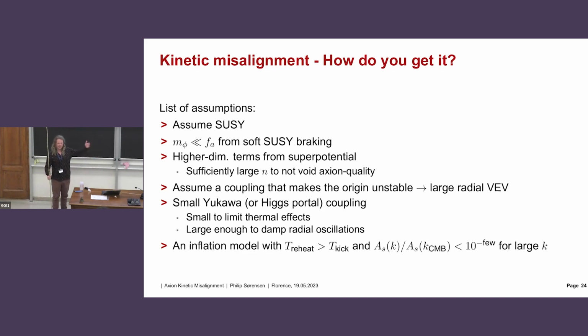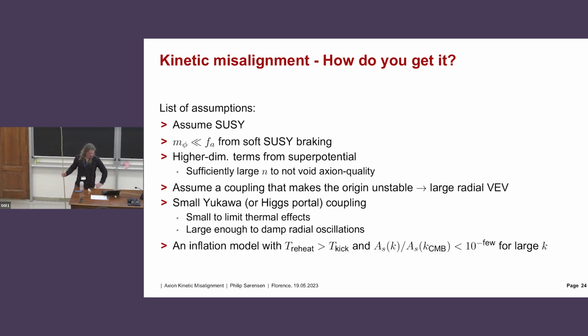You need the spectrum of curvature fluctuations from inflation to be at least a few orders of magnitude above the value measured by Planck. But this is totally unconstrained, so this is perfectly in line with observations. It's just something your inflation model has to satisfy.